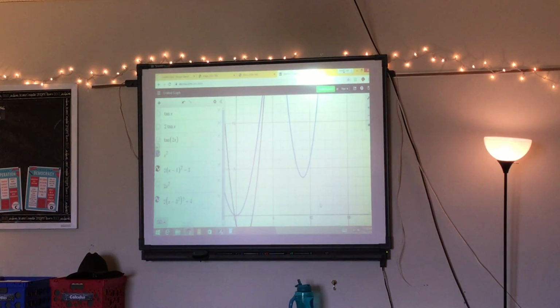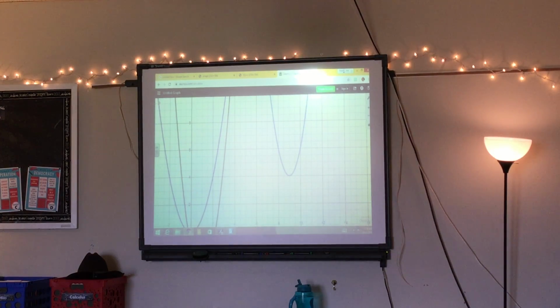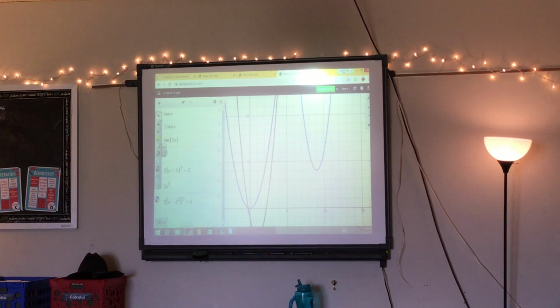We just graphed this parabola, right? It looks not quite right. I squared the 3 instead of putting it on the outside there. There we go. That looks better.